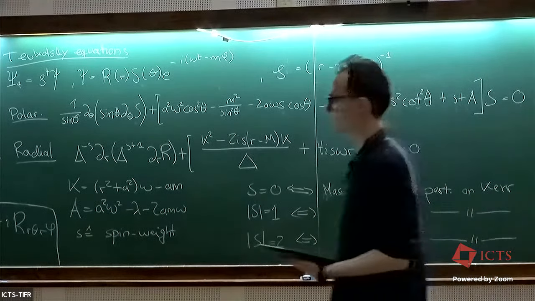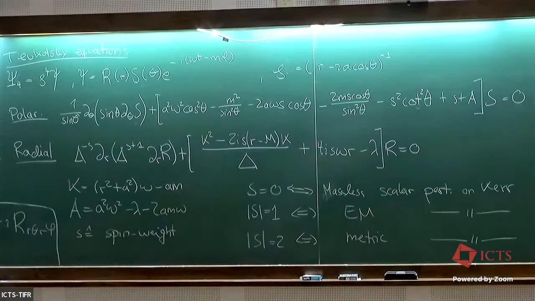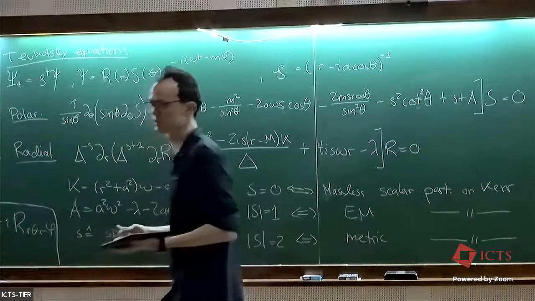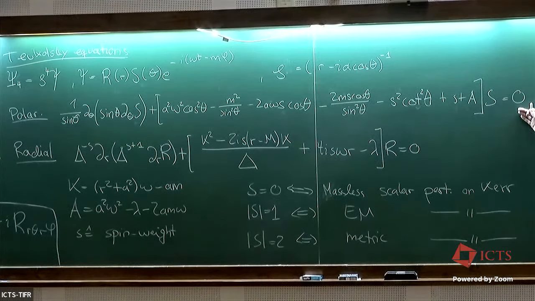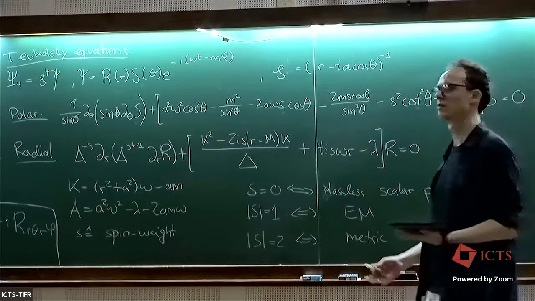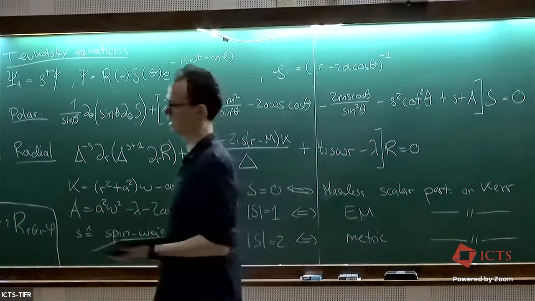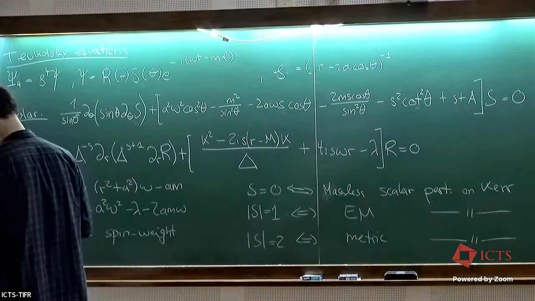So Teukolsky was able to reduce the 10 second-order PDEs that we would in principle have to solve for just the metric perturbations to 2 second-order ODEs, which also happen to govern the dynamics not just of the metric perturbations, but also of scalar perturbations, EM waves, and so on.